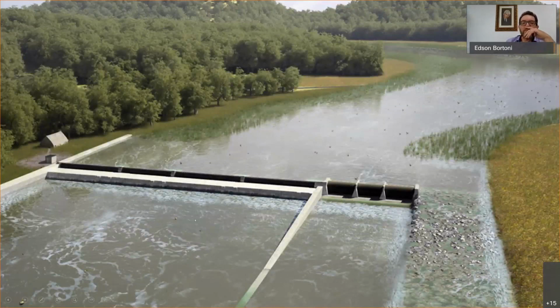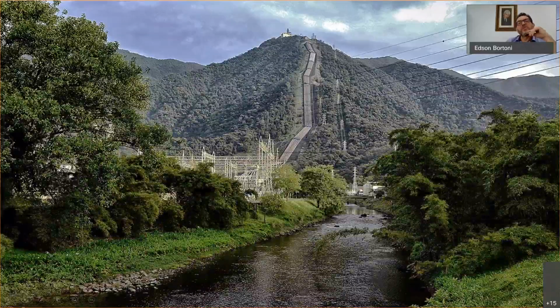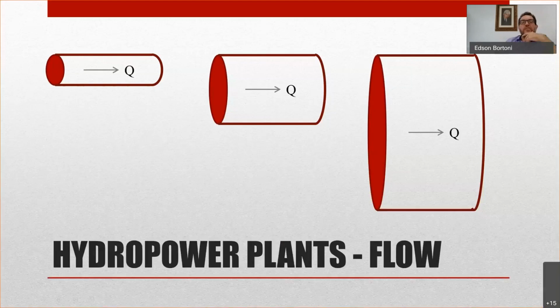And this is a high head application. So we have a big difference between the upstream and the downstream. You may have a difference in the flow, a small flow or high flow.